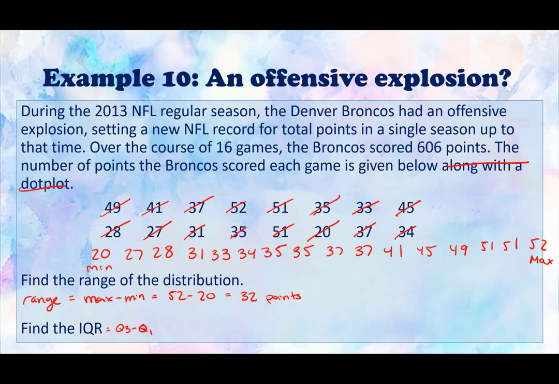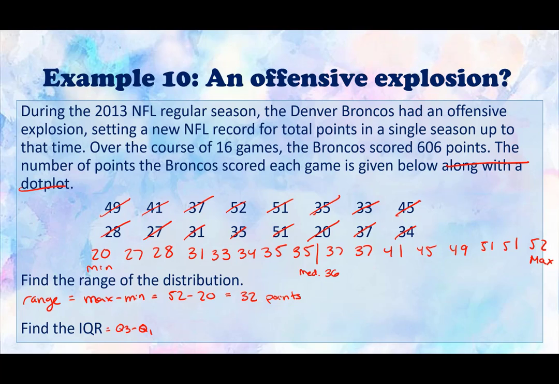In the middle of an even amount, there's going to be 8 on one side and 8 on the other side. So 1, 2, 3, 4, 5, 6, 7, 8. Our median is going to be between 35 and 37, so our median is 36. You could have also added 35 and 37 together and divided by 2 to find the average, but it's very clear that 36 is the number between 35 and 37.